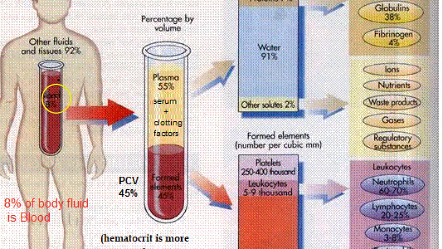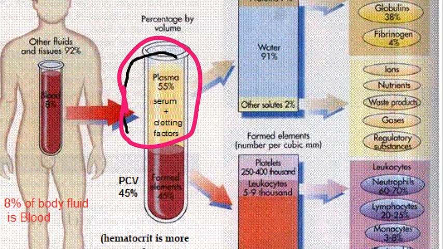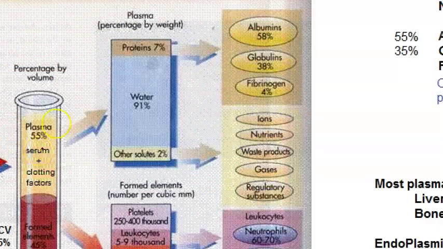So here you can see blood has plasma and these formed elements in which you have platelets, WBCs and RBC. Now coming to plasma, plasma will have what? Plasma is serum plus clotting factors, correct? Serum plus clotting factors is plasma. Now this plasma has proteins, water, etc. And in the proteins you have albumin. So that's what they told you.